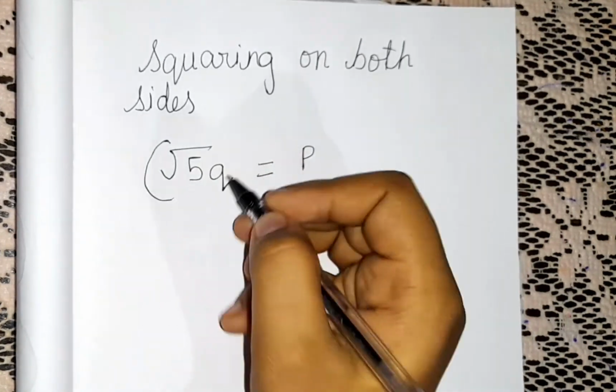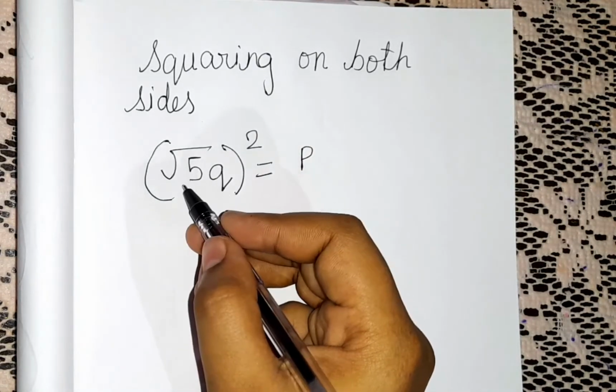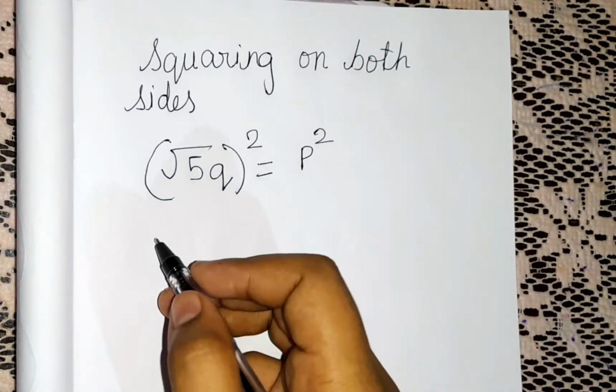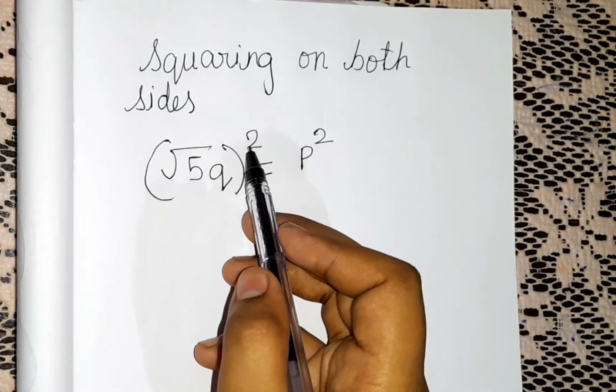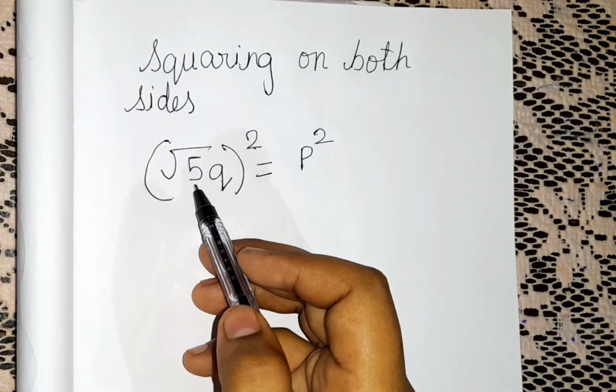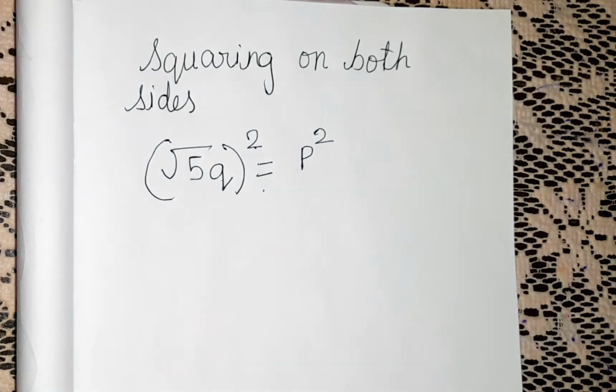It is a whole square, because this 2 belongs to Q as well as root 5. So here it is P square. The square belongs to Q as well as root 5, is equal to P square.